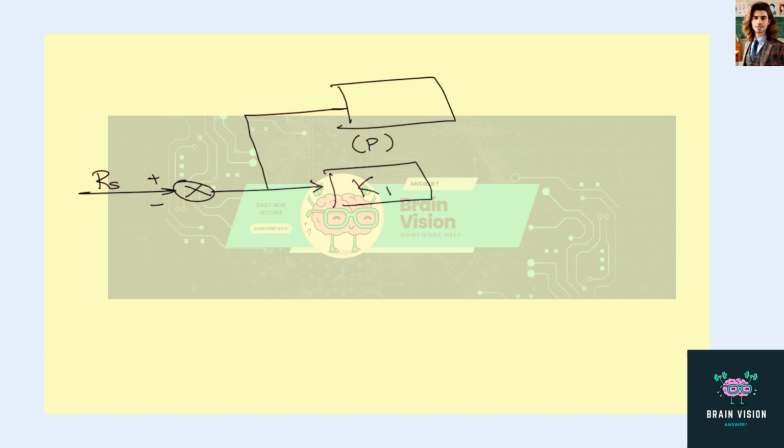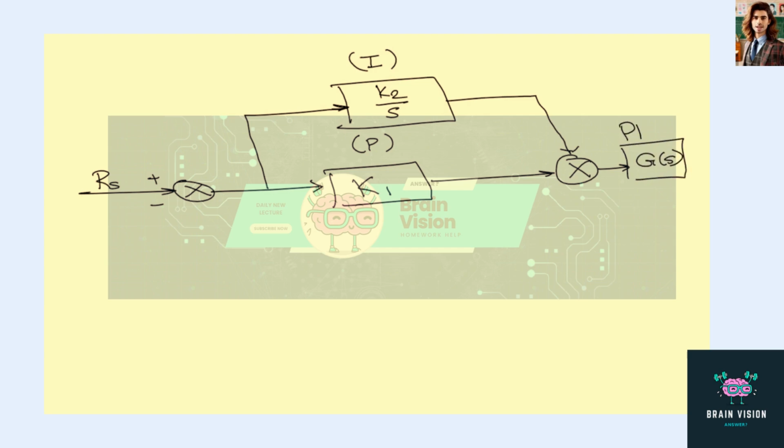Over here we would have K2 divided by S. This would be integral I. From here it will go to the plant G of S, which is going straight away to C of S, and from over here there would be a linkage. So this would be our final diagram.